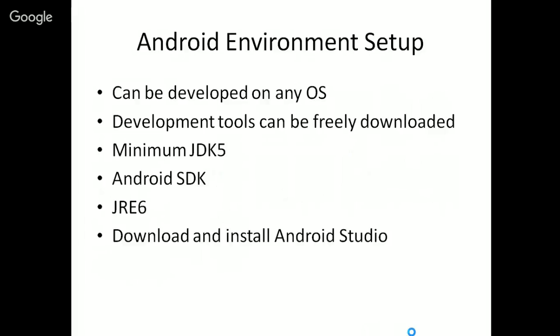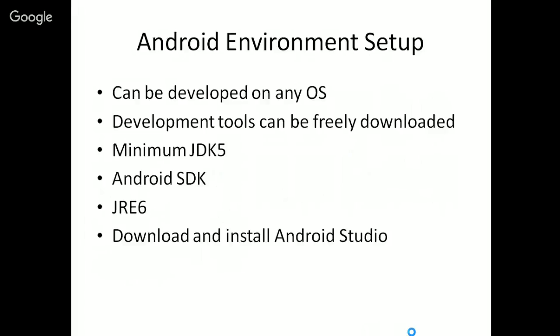To develop Android applications, as I already said, JDK 5 will be required, and to run or see the output during development, we need to have JRE 6, which is also a minimum requirement.